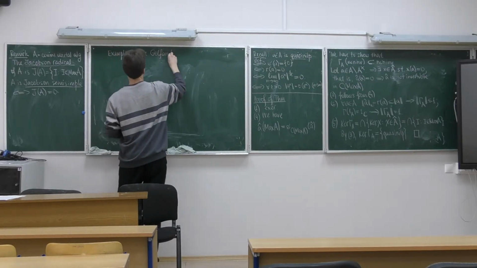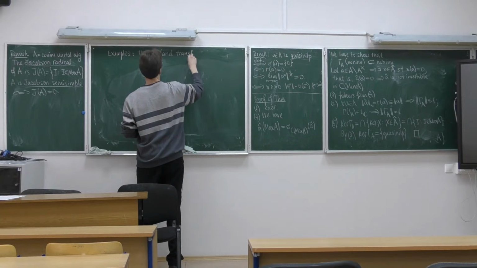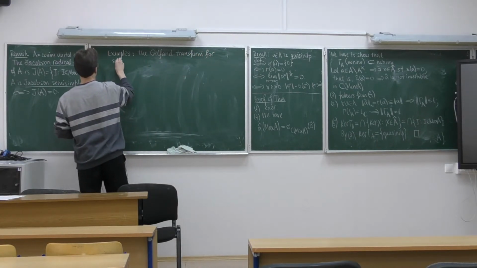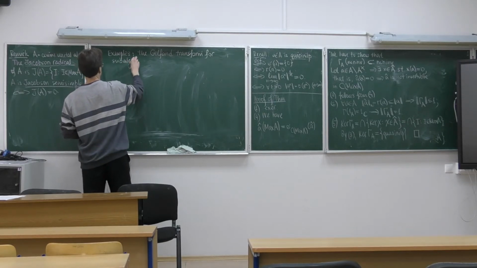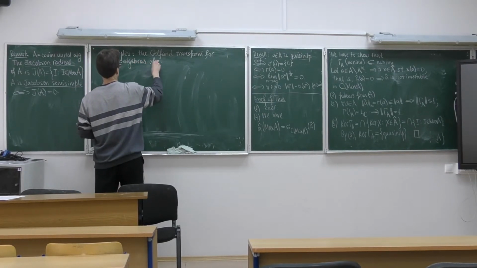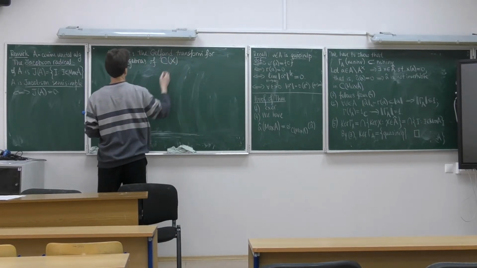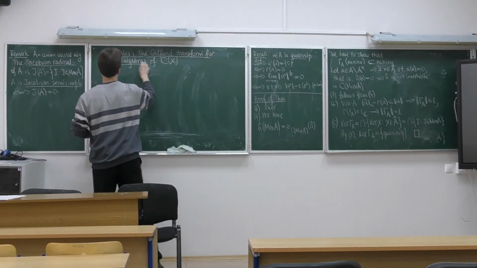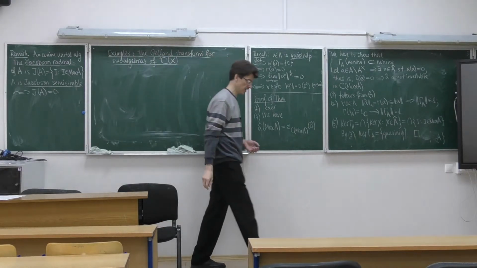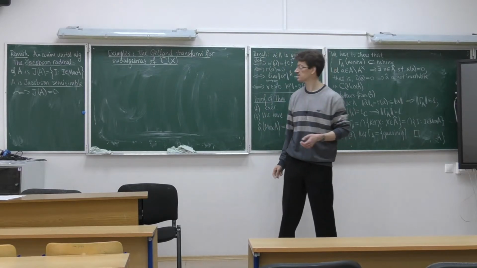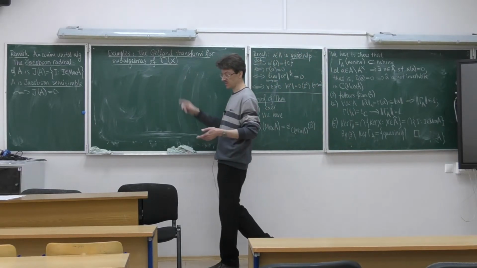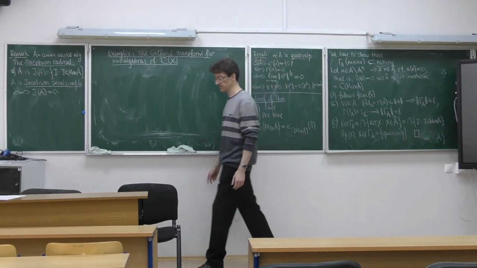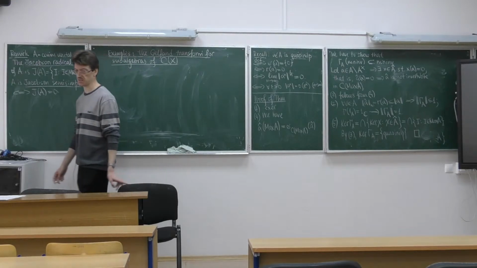Gelfand transform for some subalgebras of C(X). In particular, we will see that for any compact Hausdorff topological space X, the maximal spectrum of C(X) is naturally identified with X, and after this identification, the Gelfand transform becomes just the identity map.